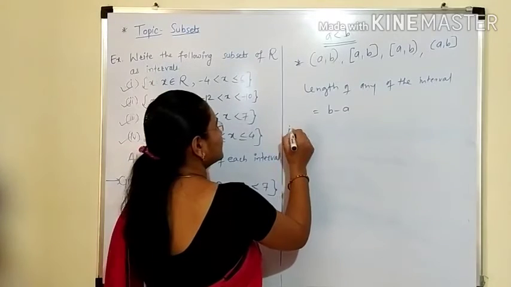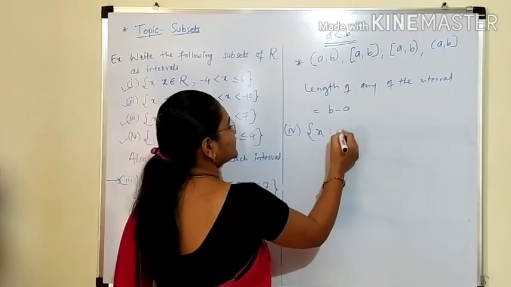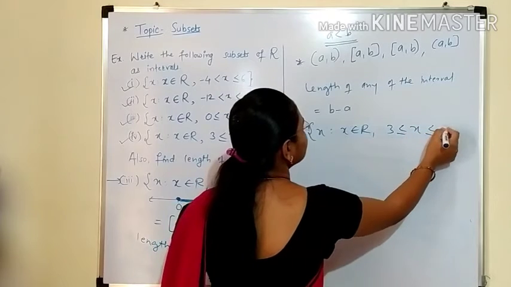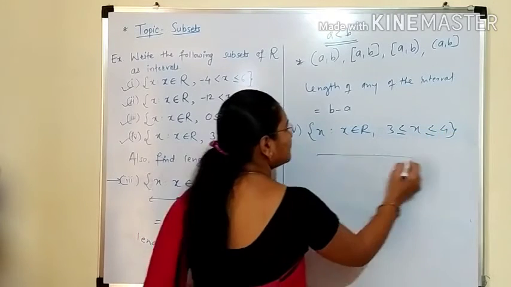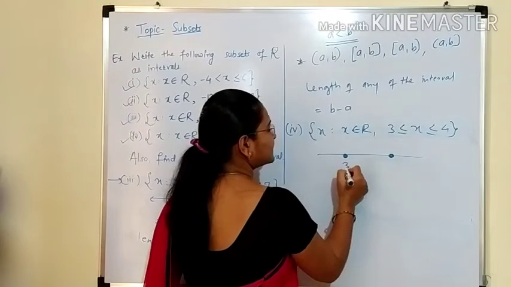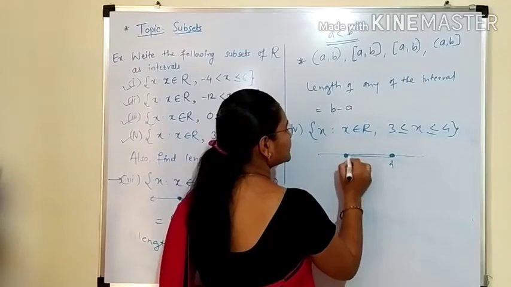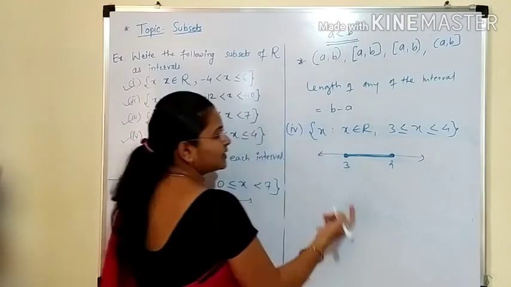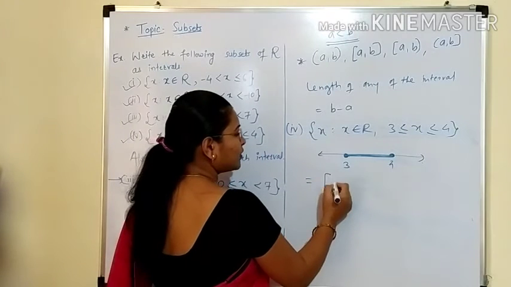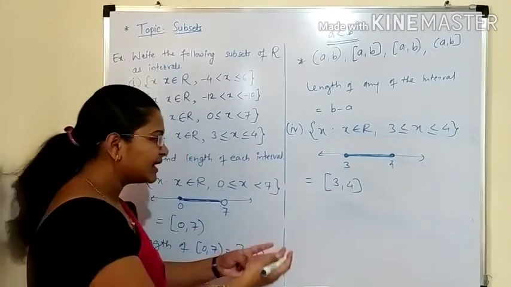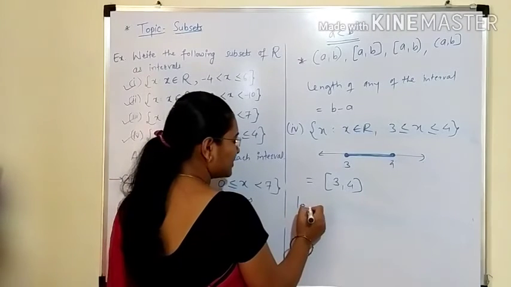So this is set of x such that x belongs to R, 3 less equal x less equal 4. Here we will include both end points, that is 3 and 4, and also the points in between 3 and 4. Getting? Okay. So this interval is equal to the closed interval [3, 4], and the length for this interval, what is the length?